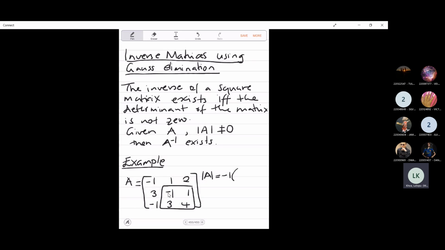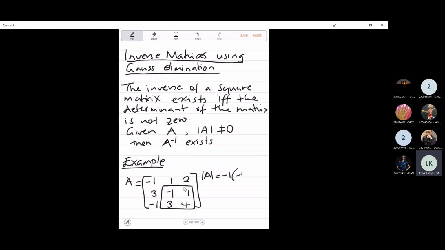So I find the determinant of this matrix, which is -4 minus 3. So I have -4 minus 3. Then I move on to the second element in the row, which is 1. Now all of these elements in the matrix have a sign.